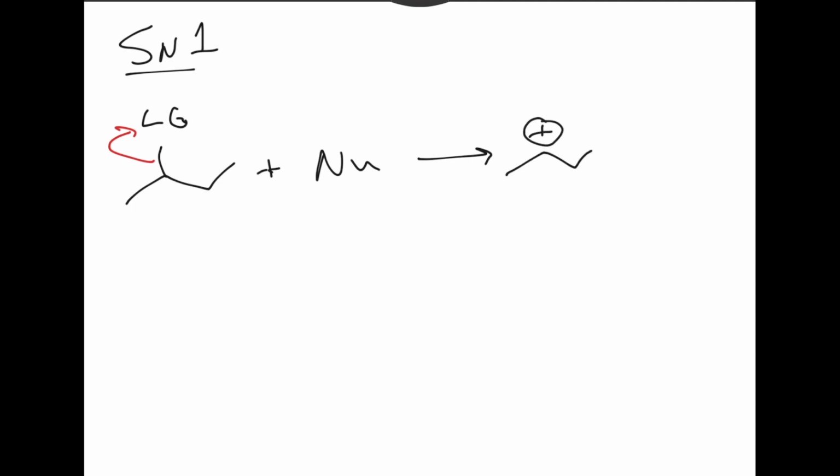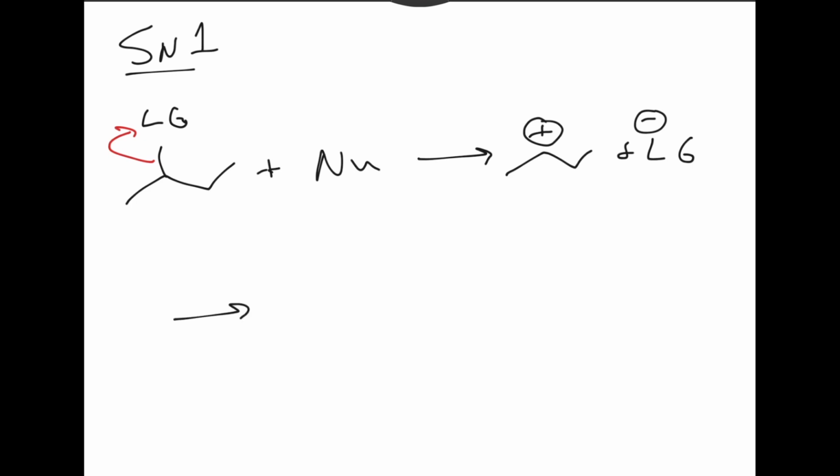Why does the leaving group just leave? In a polar enough solvent, the carbocation becomes stable. So the leaving group will dissociate from the carbon, but they'll hang out close to each other so they can remake that bond, where they come off and go back on, come off and go back on. Eventually the nucleophile can come in and intercept that carbocation. It's just energetically possible, so it can happen. Then we take advantage of it by adding enough nucleophile that we can outcompete the leaving group adding back in.